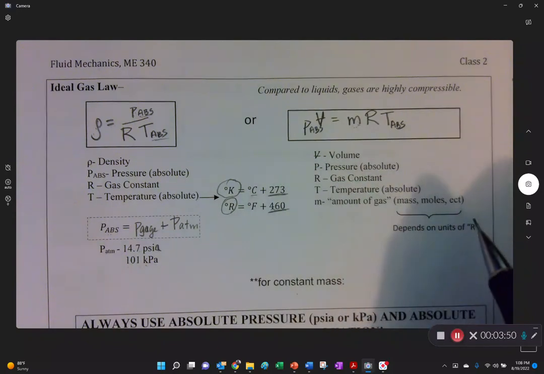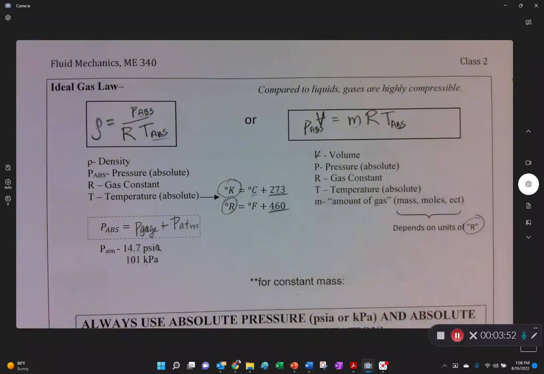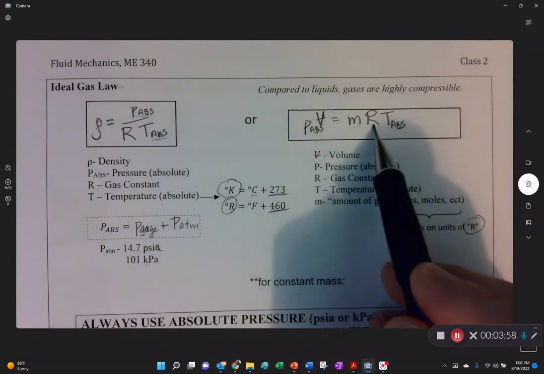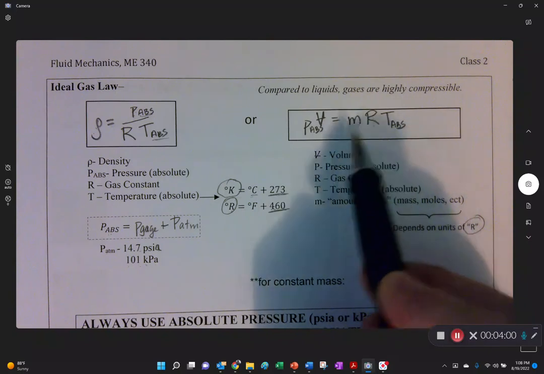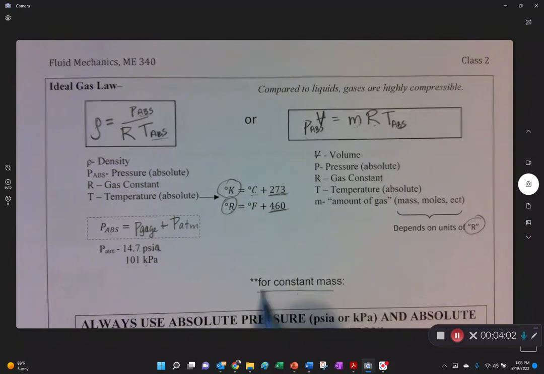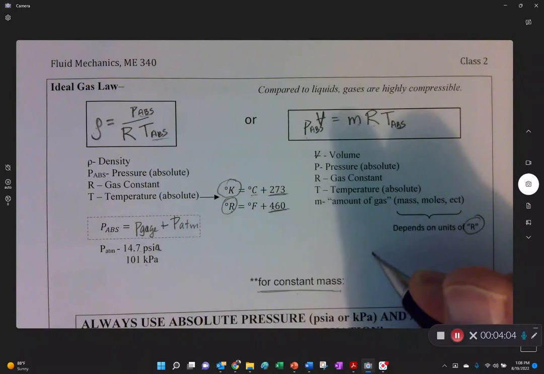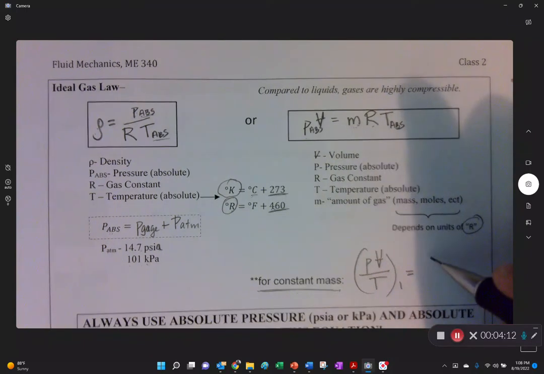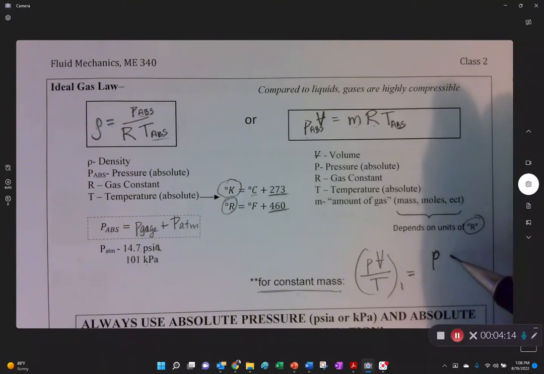Now, this gas constant makes for many useful times. You note that you could set these things equal to each other for the same amount of mass. For a constant mass, you can write the pressure times the volume divided by the temperature for one state has to be equal to the pressure times the volume divided by the temperature for a second state.